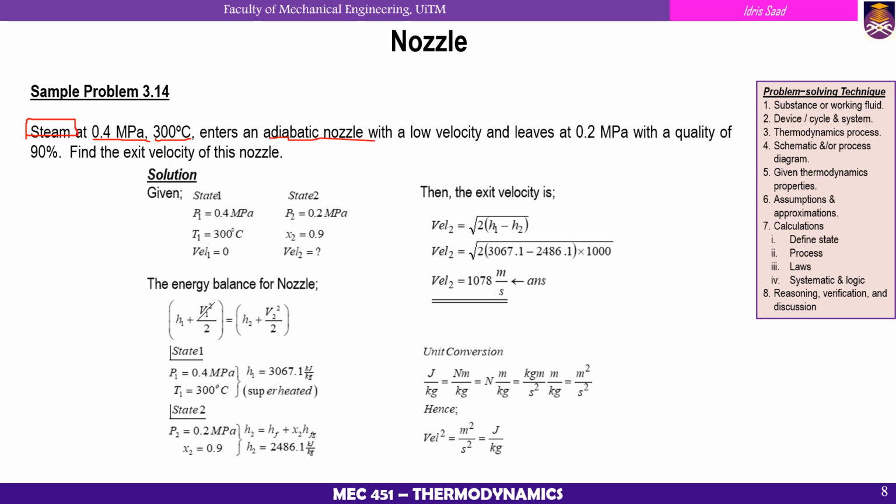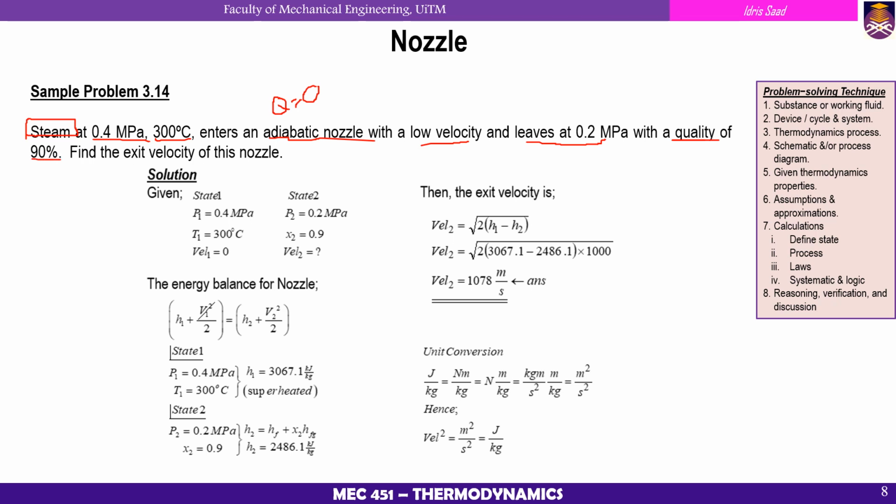Please do remember that adiabatic means heat transfer Q is equal to 0. It enters with a low velocity and leaves at 0.2 megapascal with a quality of 90%.